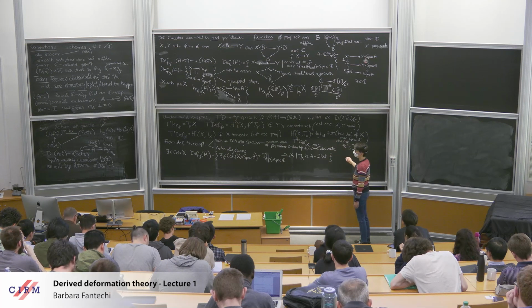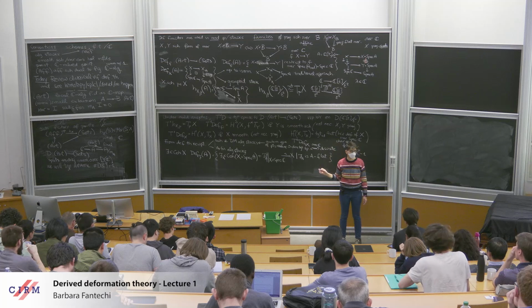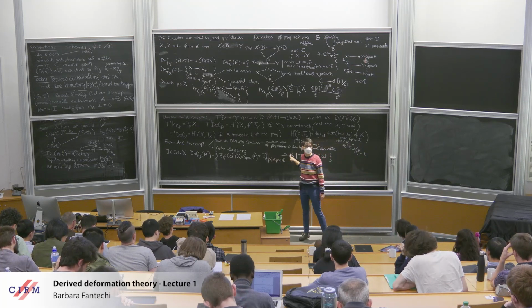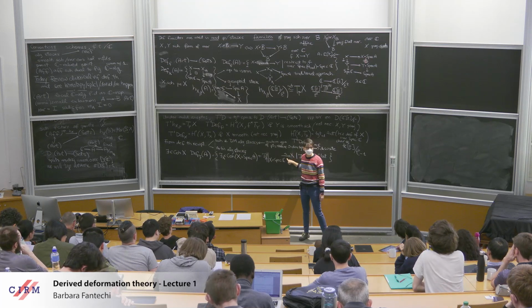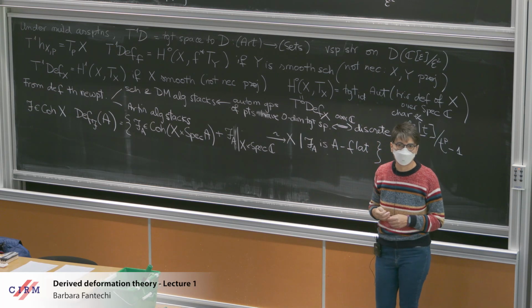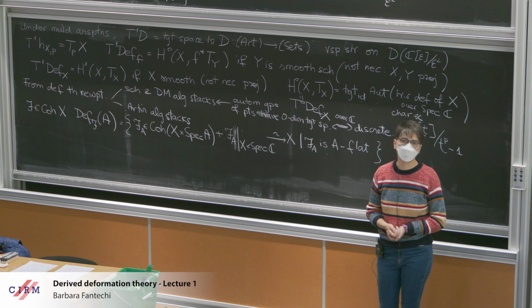And again, here we have exactly the same choice. We can work up to isomorphism, and of course an isomorphism is an isomorphism that commutes with this restriction map, or we can take the groupoid. If we want to do a stack, a moduli stack of sheaves, we typically work with a groupoid.